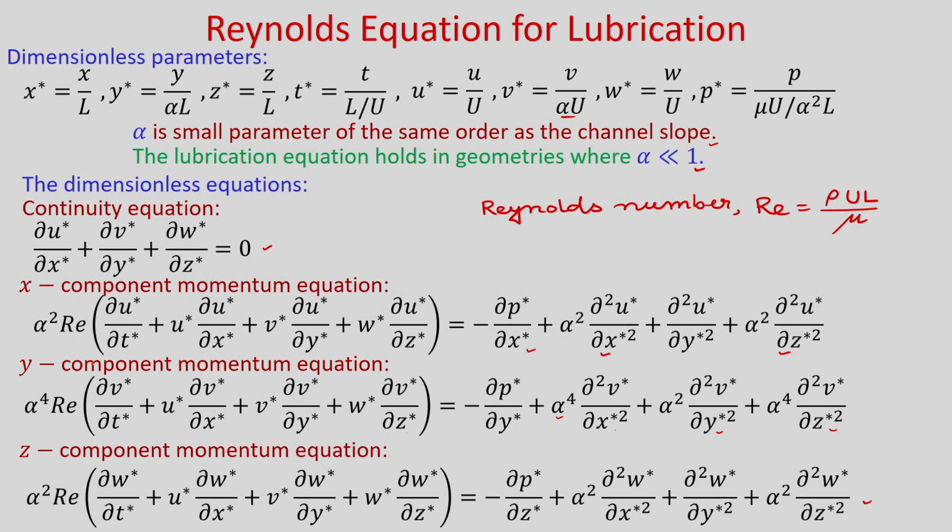In the y and z momentum equations also, similarly, the left hand side terms you can drop. On the right hand side of the y momentum equation we have alpha to the power 4, alpha square and alpha to the power 4, so obviously these terms you can drop. In the z component momentum equation, this term and this term you can drop as alpha is very small.